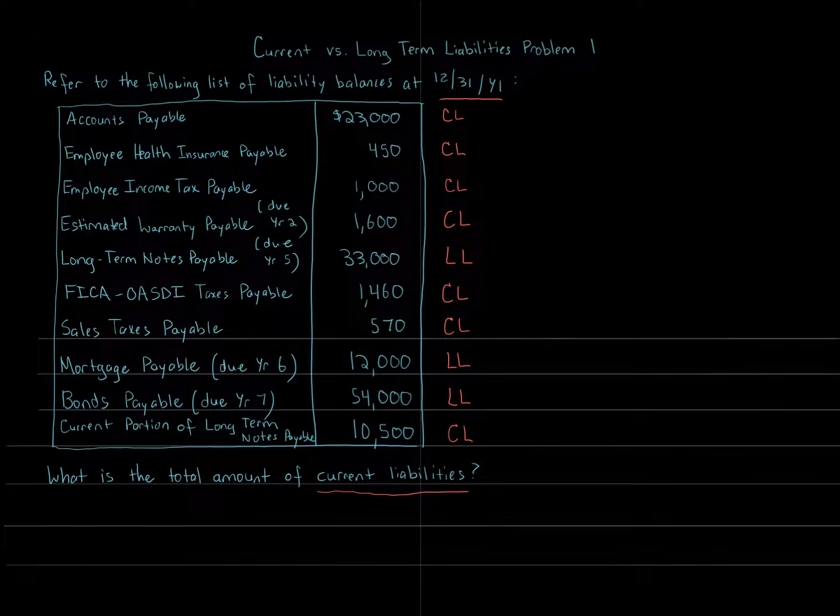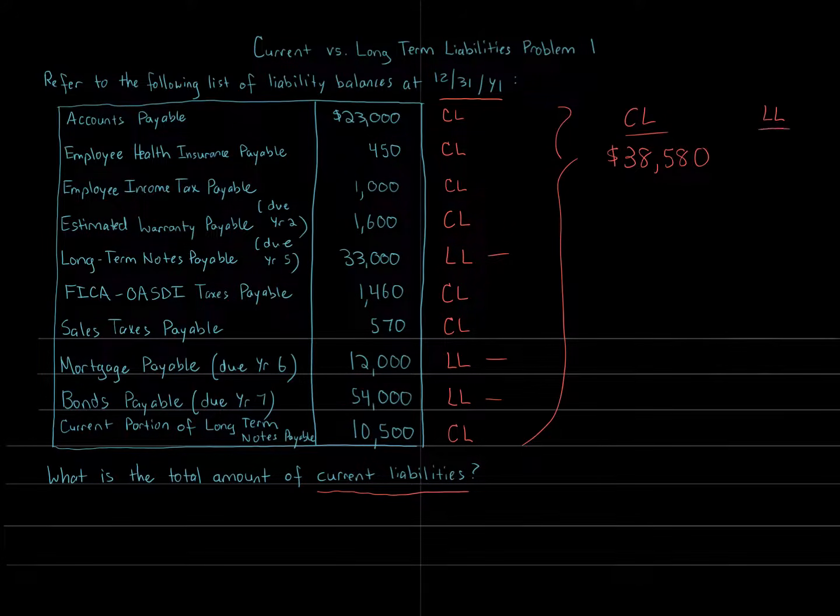All right, so we've got all our currents. Basically, there are only 3 long-terms: the long-term notes payable, the mortgage payable, and the bonds payable. Everything else is current. So when we add up all the current liabilities, which are everything except those 3 items, we get $38,580.